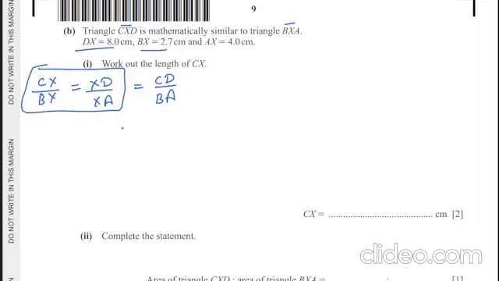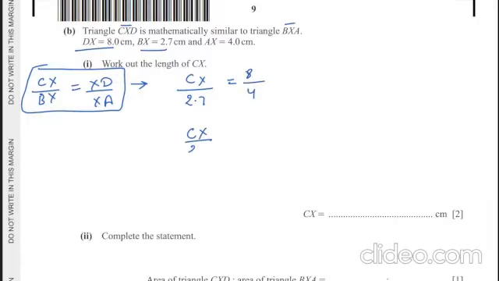So we are going to use this much. In place of CX, this won't be required, so I can erase that. It's based on the naming: whatever the name of the triangle, similar triangles are matched on the basis of those names, first two letters, second two letters, and like this we have to frame it. CX we have to find, BX is given as 2.7, XD or DX is 8, and AX is 4.